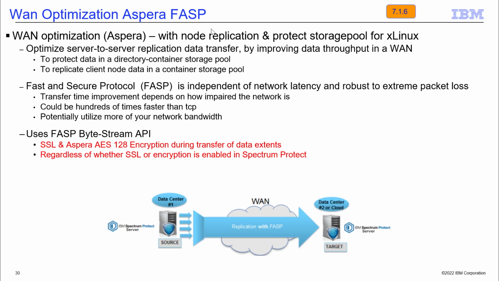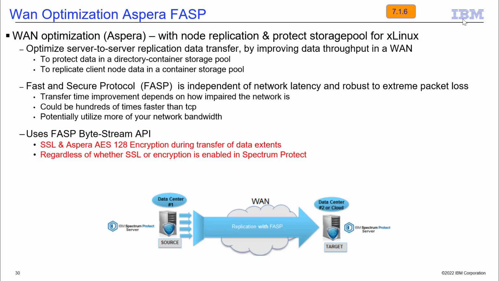Another niche solution that's offered with Spectrum Protect starting at version 7.1.6 is our WAN optimization with Aspera FASP. What WAN optimization does is it helps with node replication and protect storage pools for Linux Spectrum Protect servers.